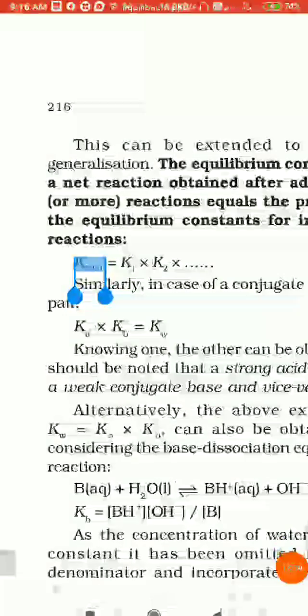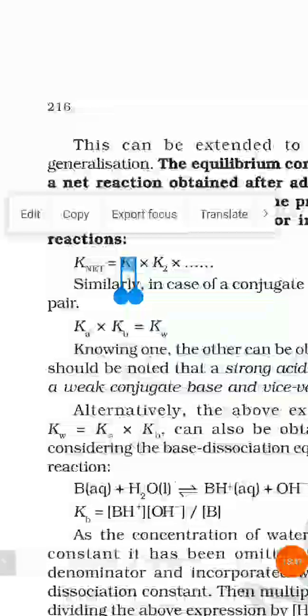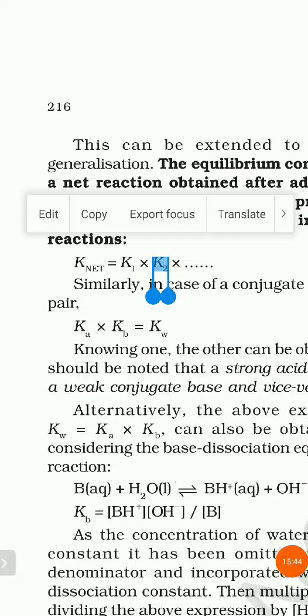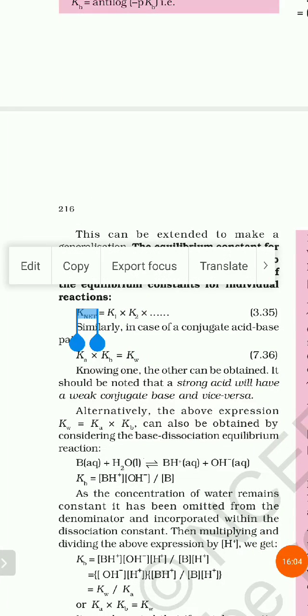Therefore, K1 is the first equilibrium constant, K2 the second, K3 the third, like that. That means in the given equation, you multiply the individual components' equilibrium constants and you get the overall equilibrium constant value, right?